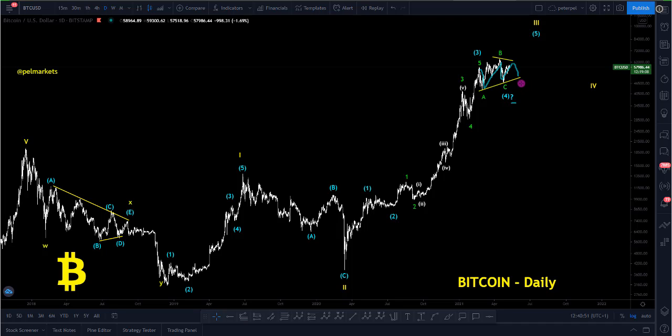So that means wave 4 can be here, then we have A, B, C, D, E. Once we get that, we will start looking for a buy setup to complete blue wave 5. After that, we will look for a bigger correction for yellow wave 4 before we go for a long-term buy for yellow wave 5. And our last pair we'll be looking at is Doge.